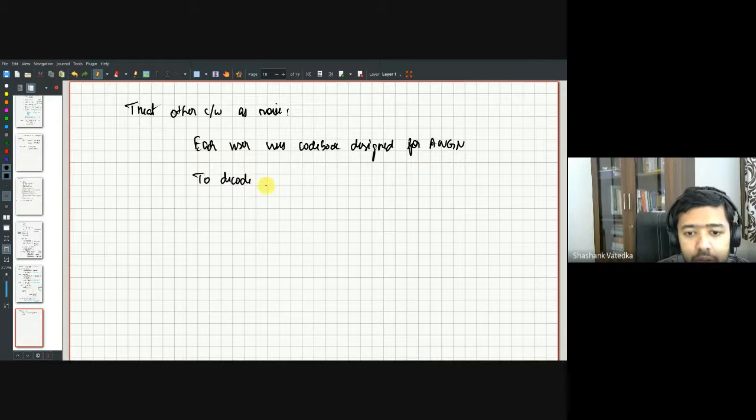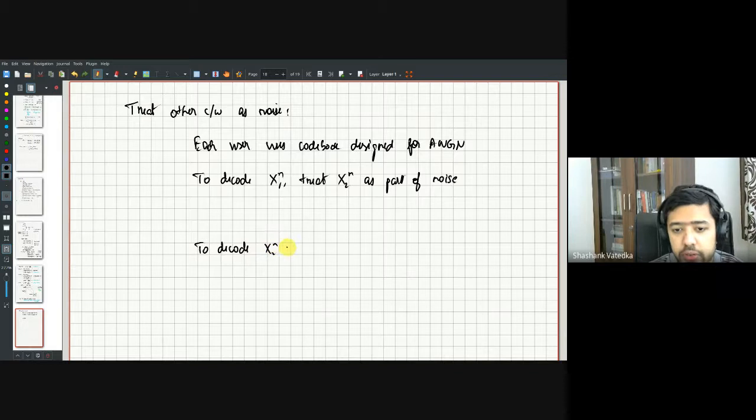So to decode X1^N, the decoder treats X2^N as part of noise. And to decode the second user's code word, you treat X1^N as part of noise.